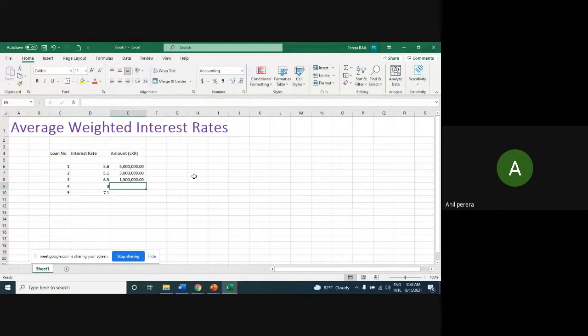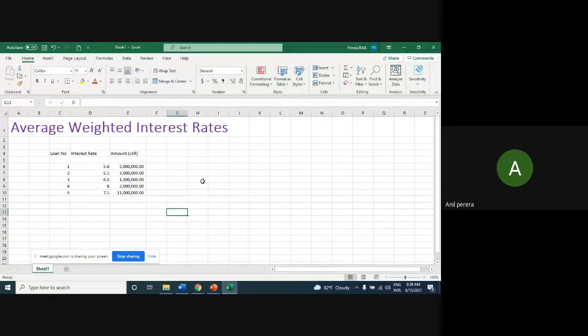At 8%, we had 2 million. At 7.1, we had, let's say, 5.3 million. Sorry, let's put some higher value. We had 11 million loans, let's say.